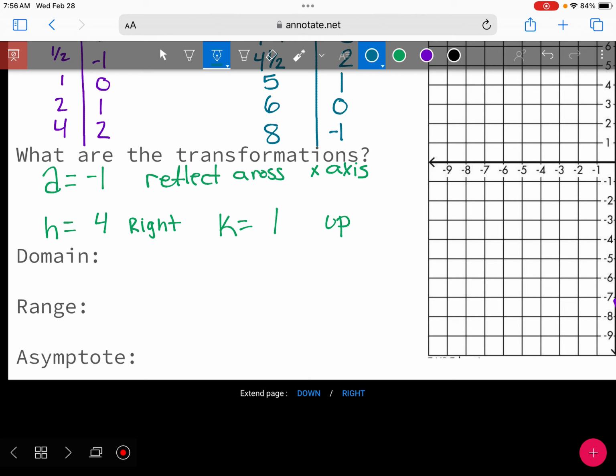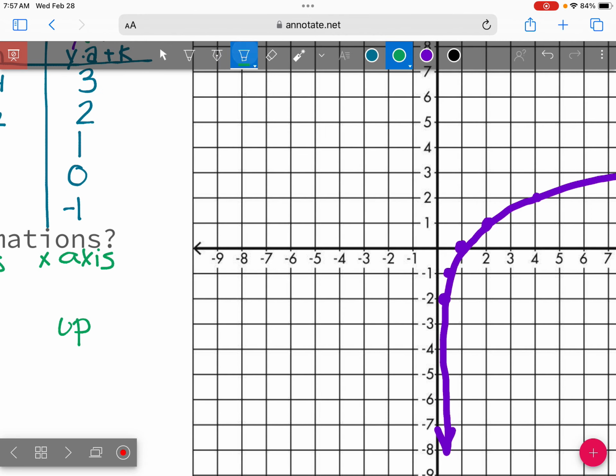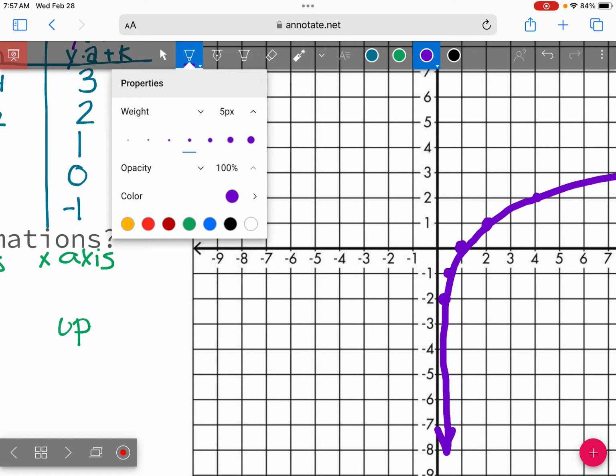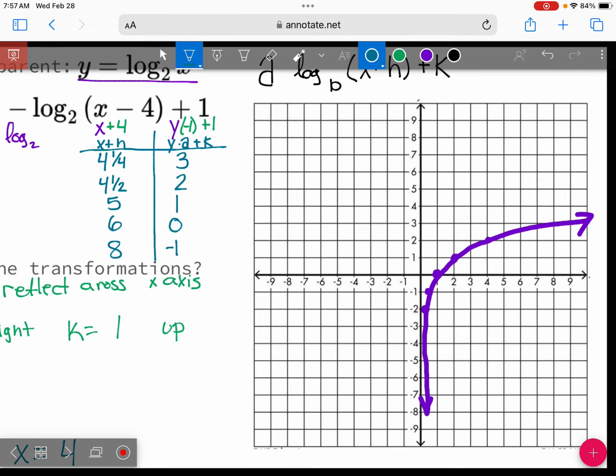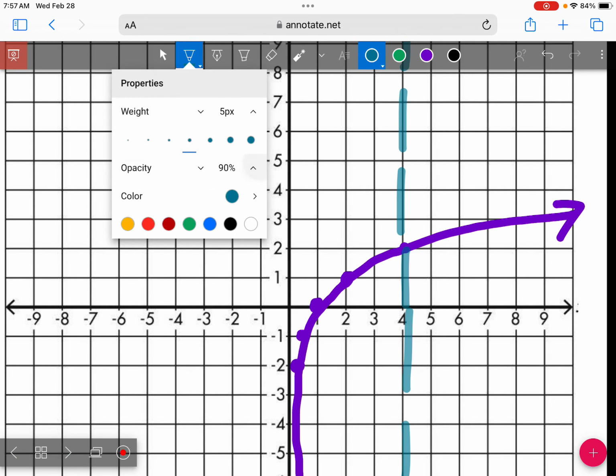We're still going to have our asymptote at x equals h, so x equals 4. So we're going to wind up with our asymptote over here at 4. And let's plot up these points and see what it looks like. This is our last bit.